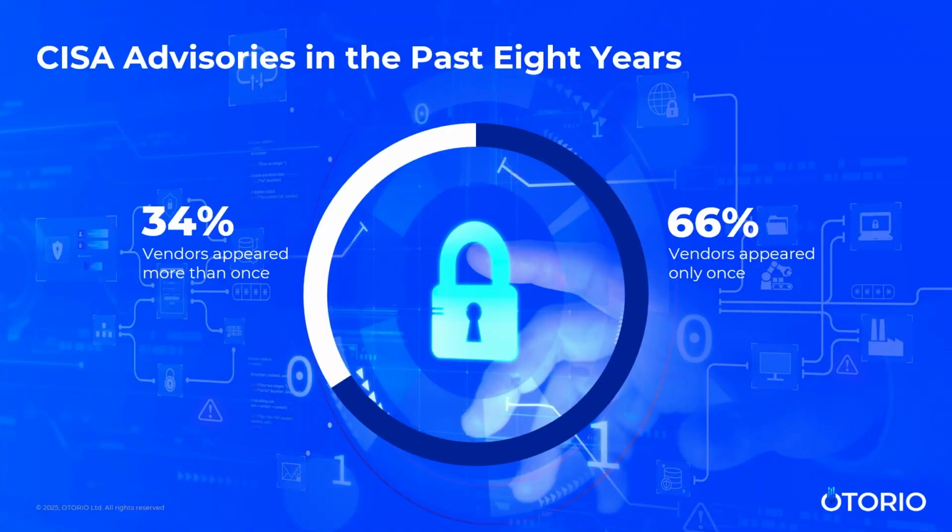The second thing we did was to look at this from the vulnerability standpoint. We went and looked at CISA's advisories over the last 8 years. What we learned is that 34% were vendors that appeared more than once. This is an indication that they take security seriously, right?